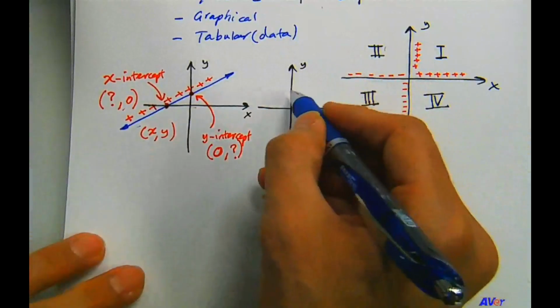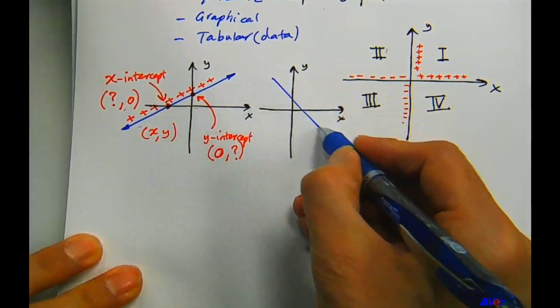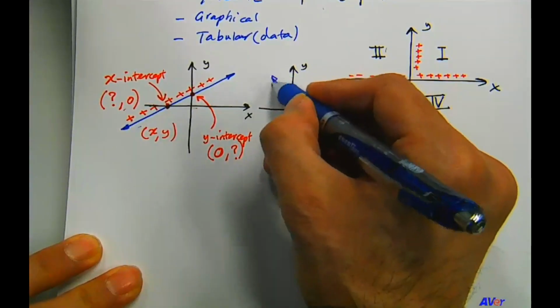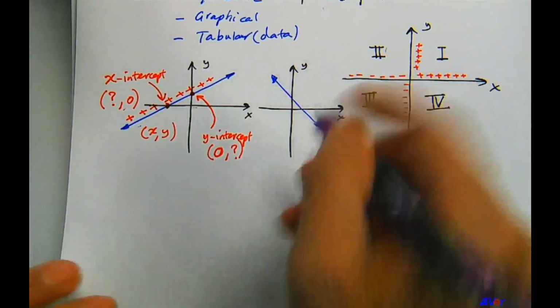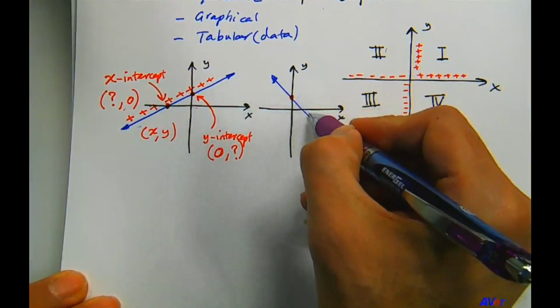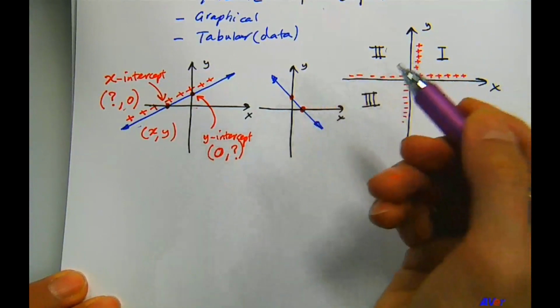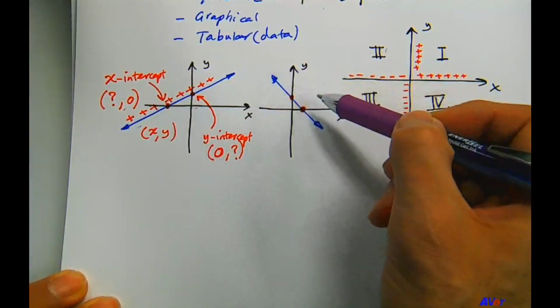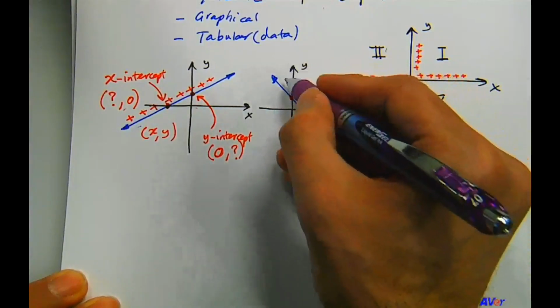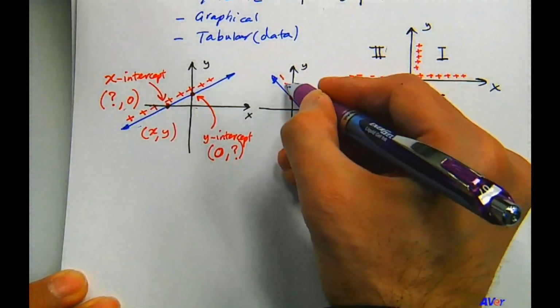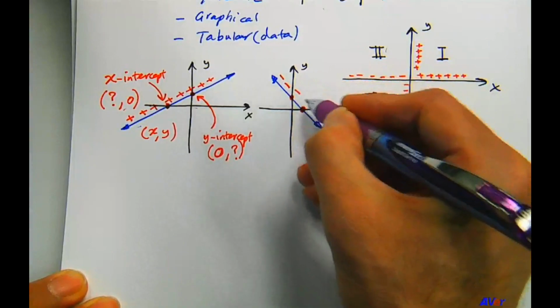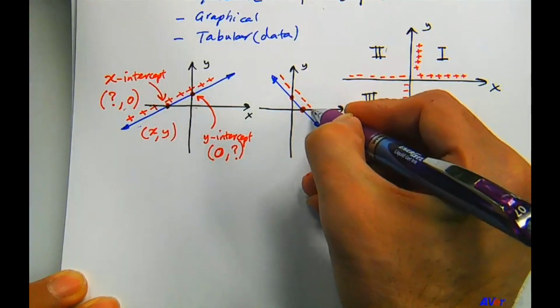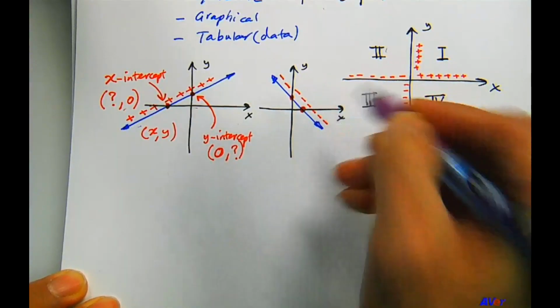So we can draw another line here, and that line would have y and x intercepts, of course, and then this line is sloping downhill from left to right, because it must have a negative slope because the slope is decreasing from left to right.